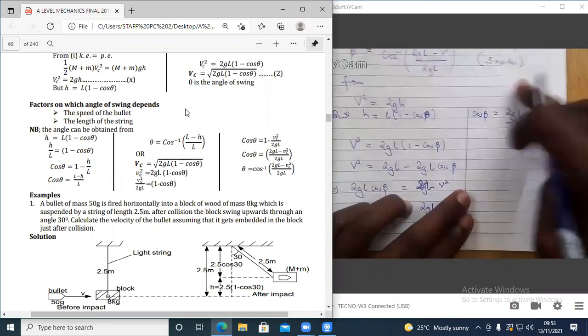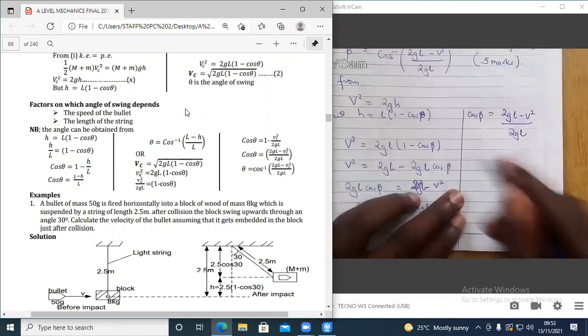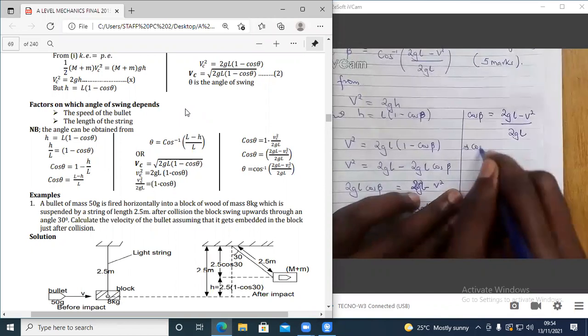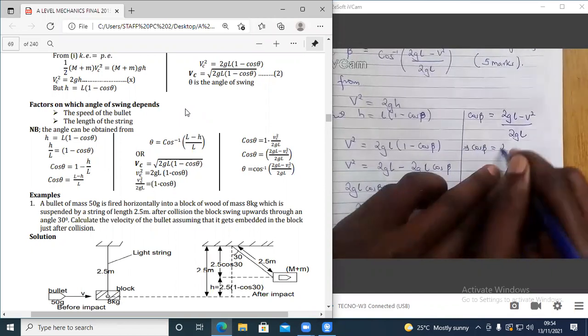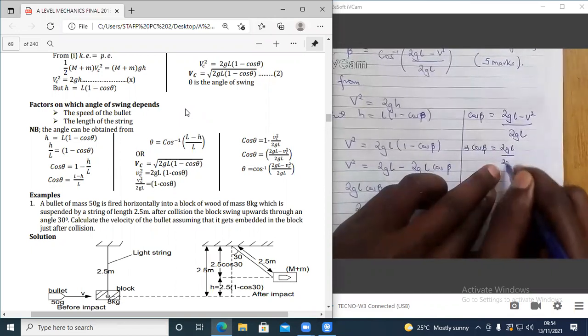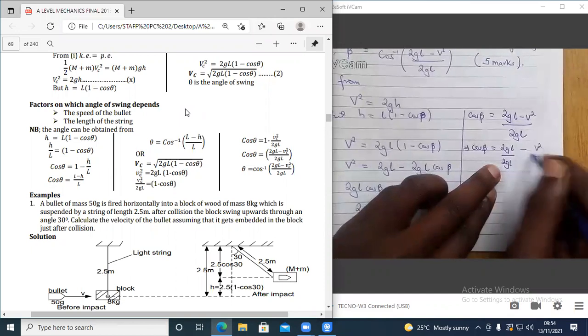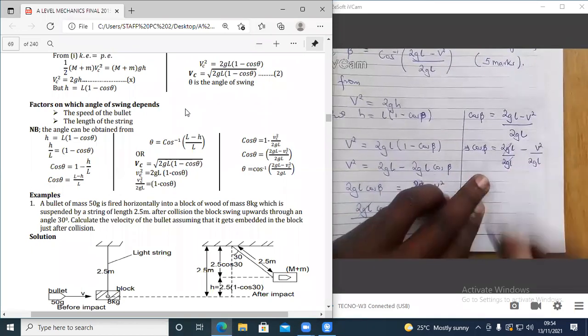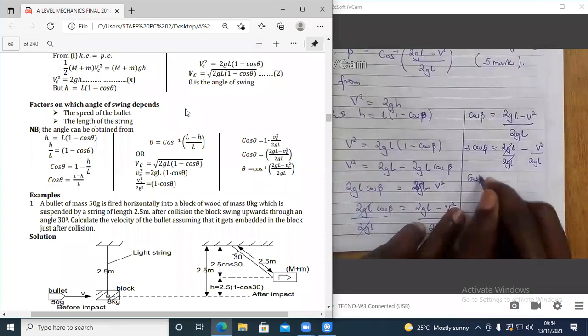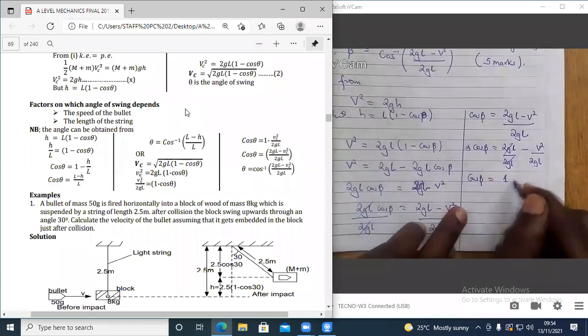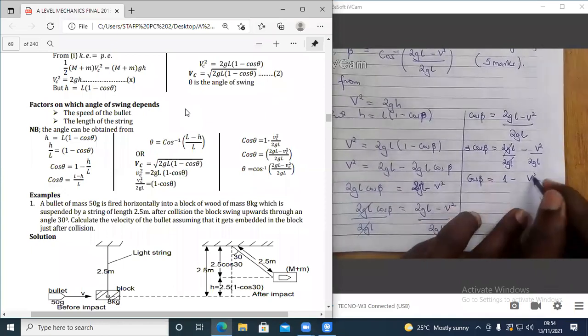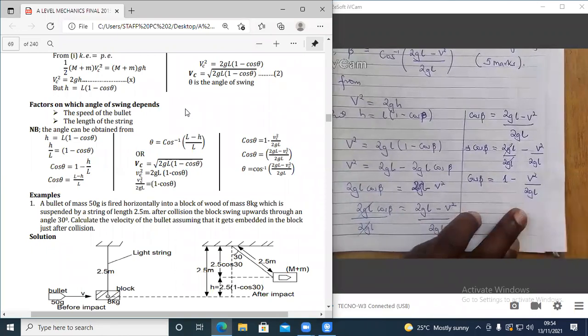You can distribute the LCM. So cos beta is the same as 2gL over 2gL minus v squared over 2gL. This and this will vanish, so we remain with cos beta equals 1 minus v squared over 2gL.